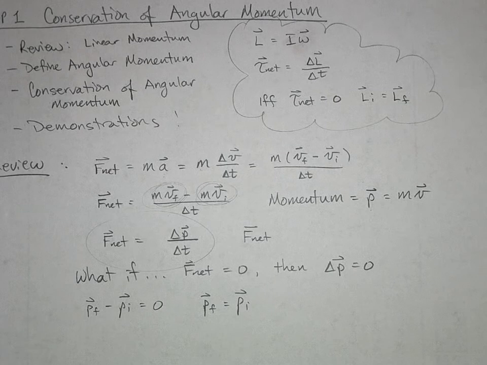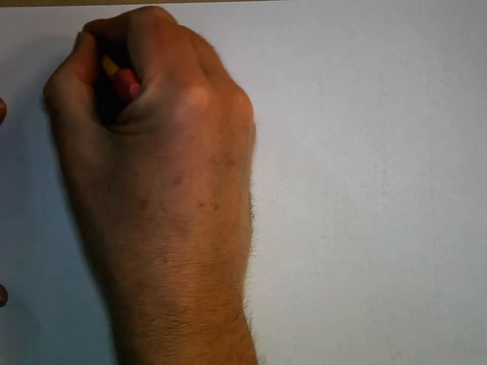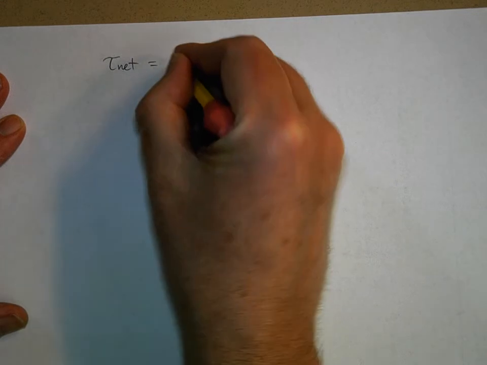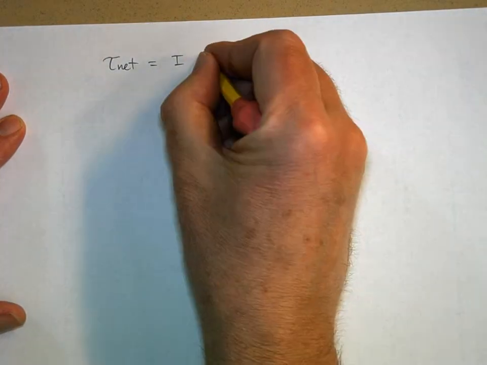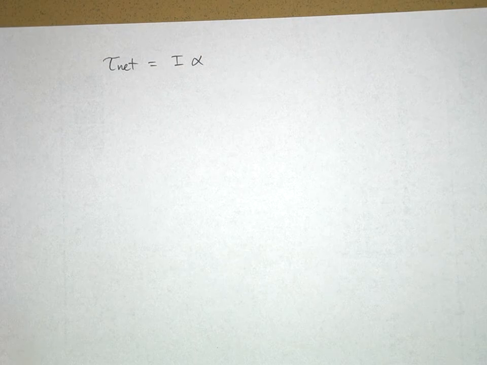And we'll see that we'll get something very, very similar. So when we take a net torque, we say that net torque equals the rotational inertia of the object times the angular acceleration. We derived that before.